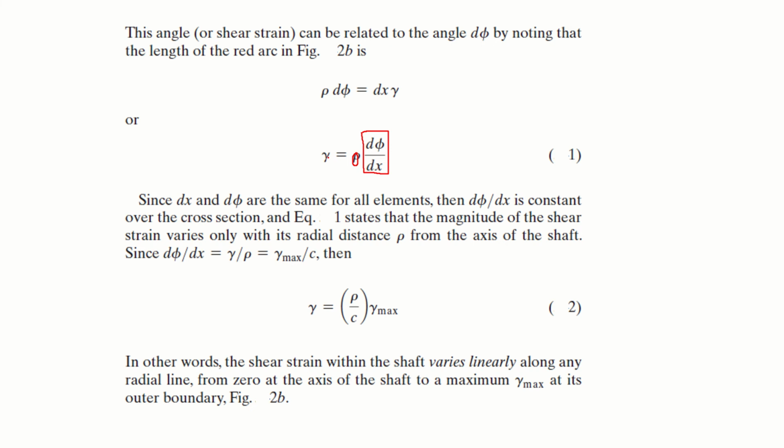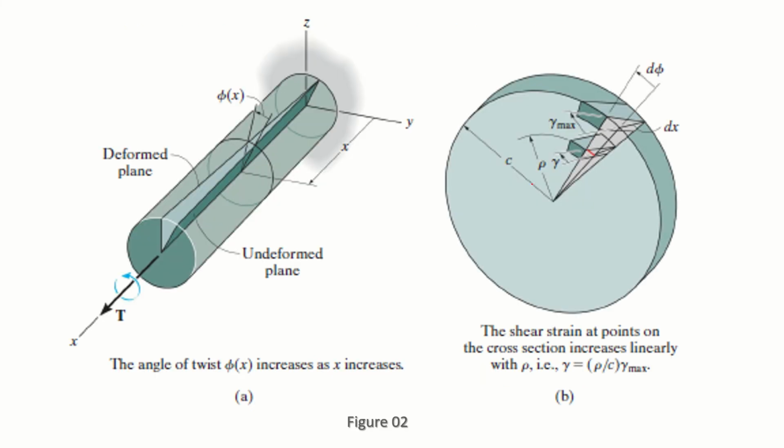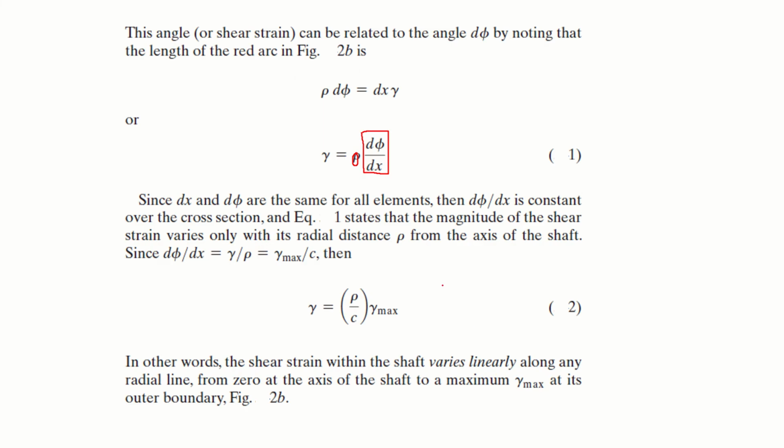If rho decreases, gamma decreases. And what is rho? Rho is the distance from the neutral axis or this middle axis. So if something lies over here, the shear strain will be 0, and if something lies here, the shear strain will be maximum, right?